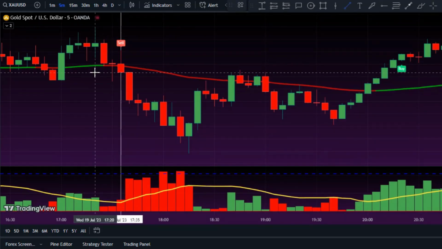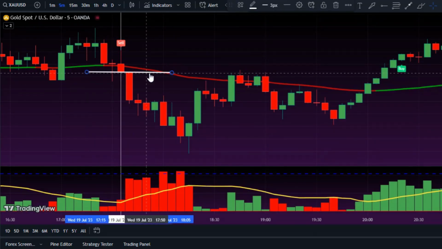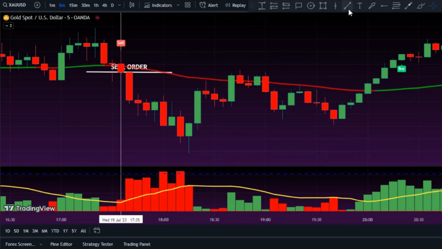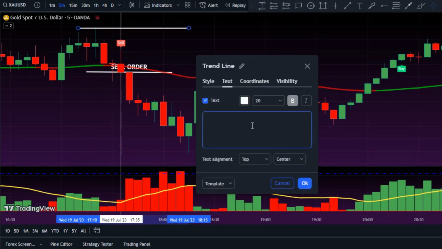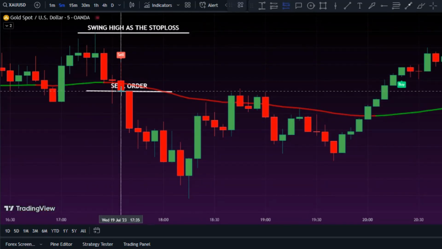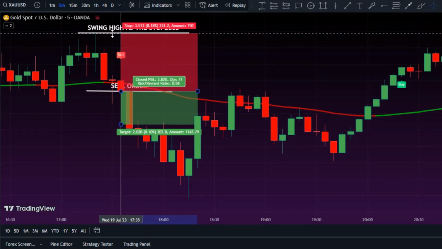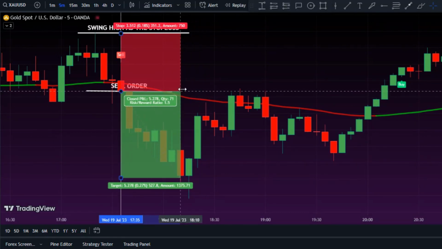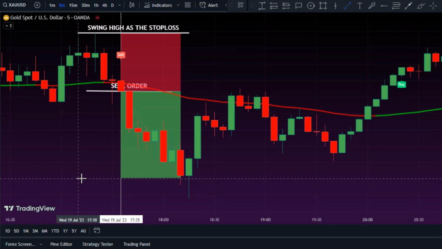If a signal checks these three boxes, we can enter a sell position. Set your stop loss above the recent swing high price. And aim for at least 1 to 1.5 risk to reward ratio when exiting the trade.